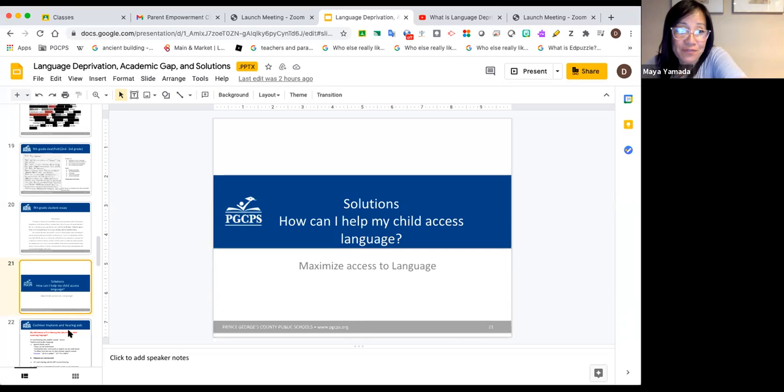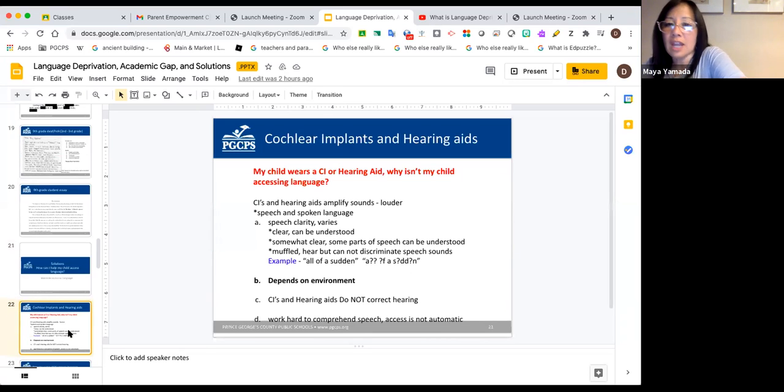All right, so before you can use any solutions, you have to, oh, wait, wrong slide. Okay, so kids with cochlear implants and hearing aids. I am a strong supporter of cochlear implants and hearing aids. I wear a hearing aid.